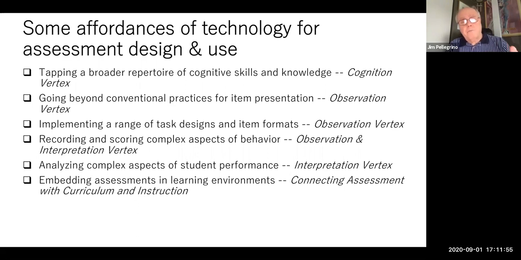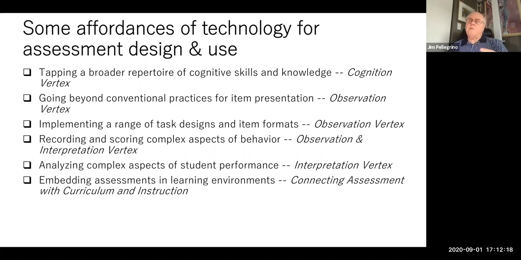It allows us to record and score complex aspects of behavior, including the strategies and actions that students take in solving problems. And it also correspondingly allows us to analyze complex aspects of student performance that we can't simply get out of very simple selected response type problems.